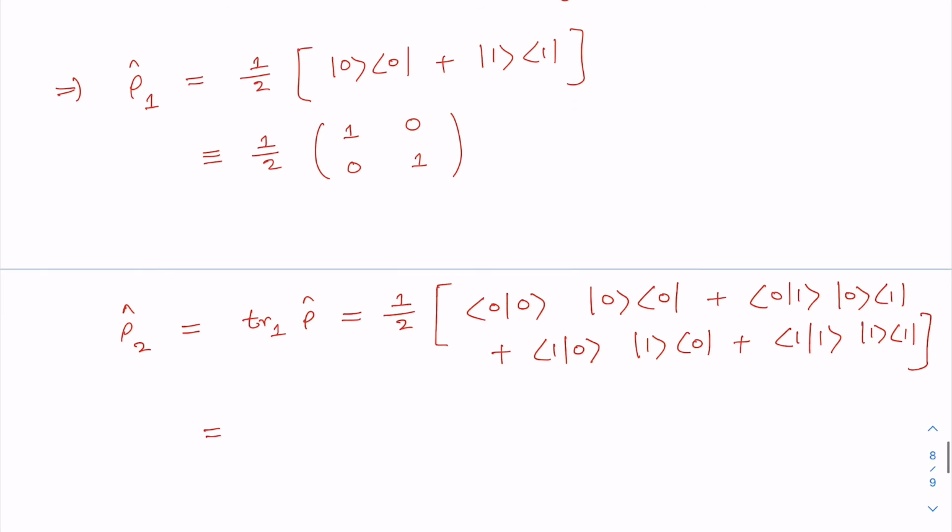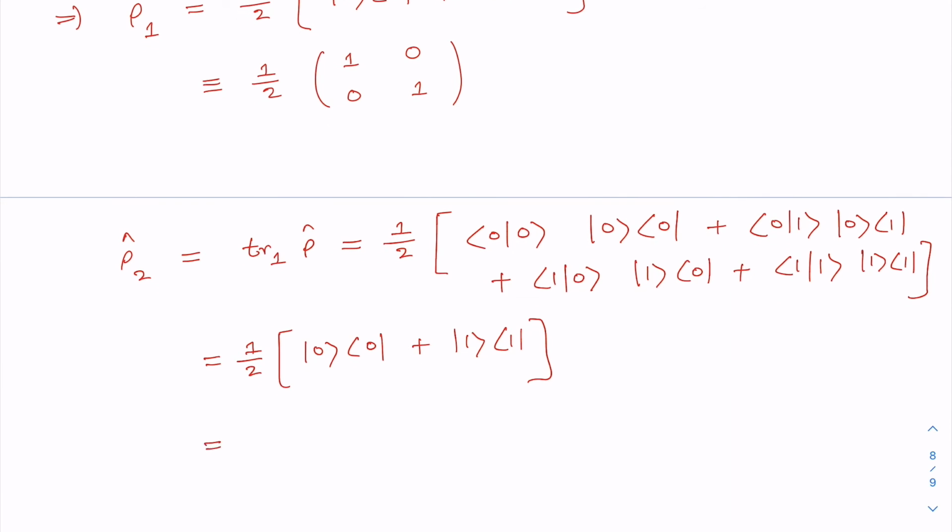Clearly you will get half of |0⟩⟨0| plus |1⟩⟨1|, and this is the same as rho 1. In matrix form we can write it as half of 1 0 0 1.